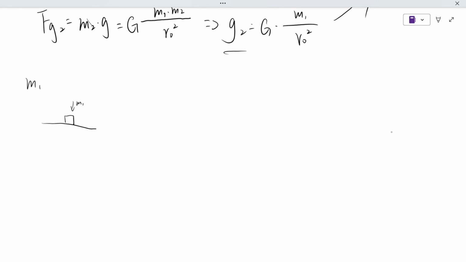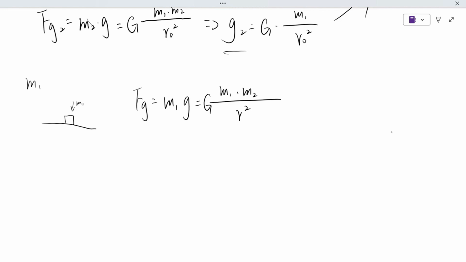Now, let's just write the gravitational force formula. Fg is equal to m1g, and it equals big G times m1 times m2 over r squared. And now we can see the mass of the box is m1, right?